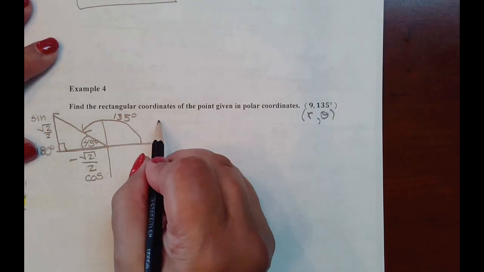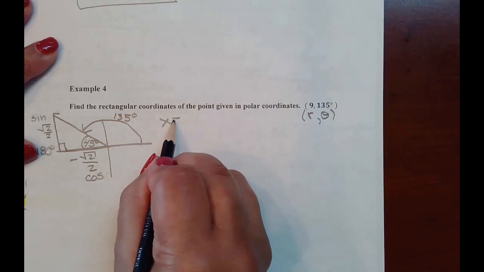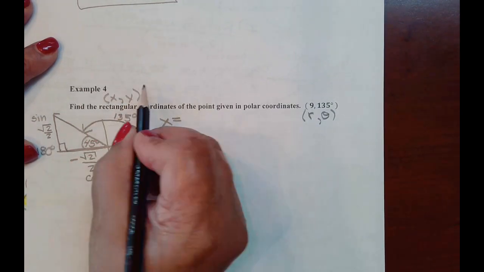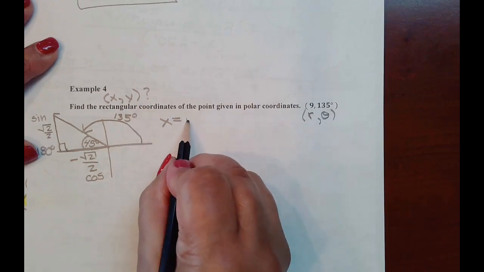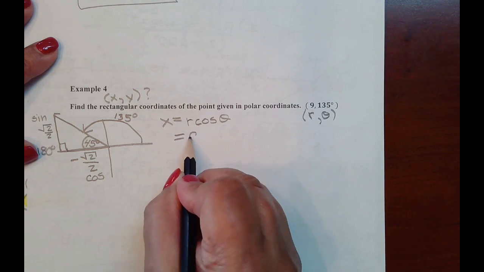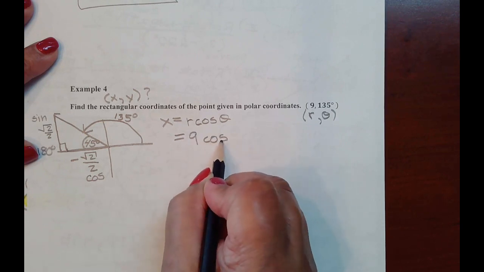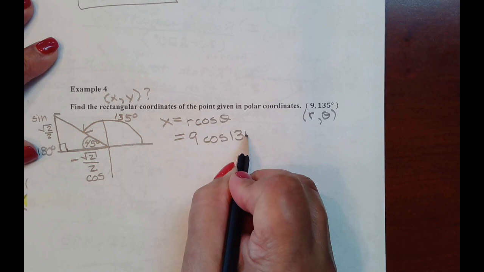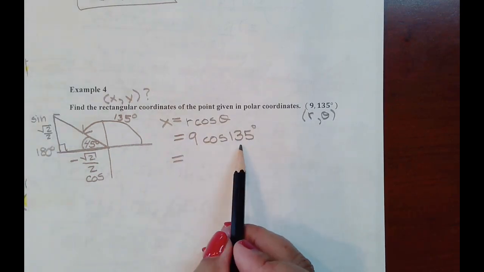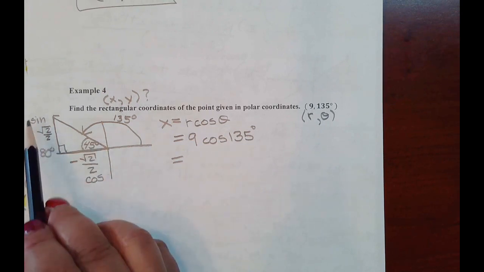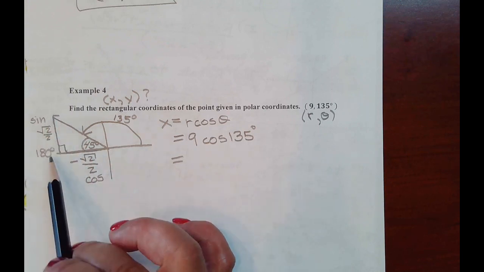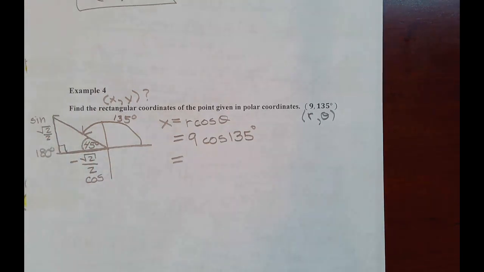Okay, so when we go to do x, rectangular coordinates mean they're looking for x and y. Okay, so x is the formula r cosine theta, which in this case the r was 9, and we wanted the cosine at 135, which just means rotate to 135, recognize the reference angle, and with that reference angle you have an angle inside your right triangle, which tells you what the legs are.